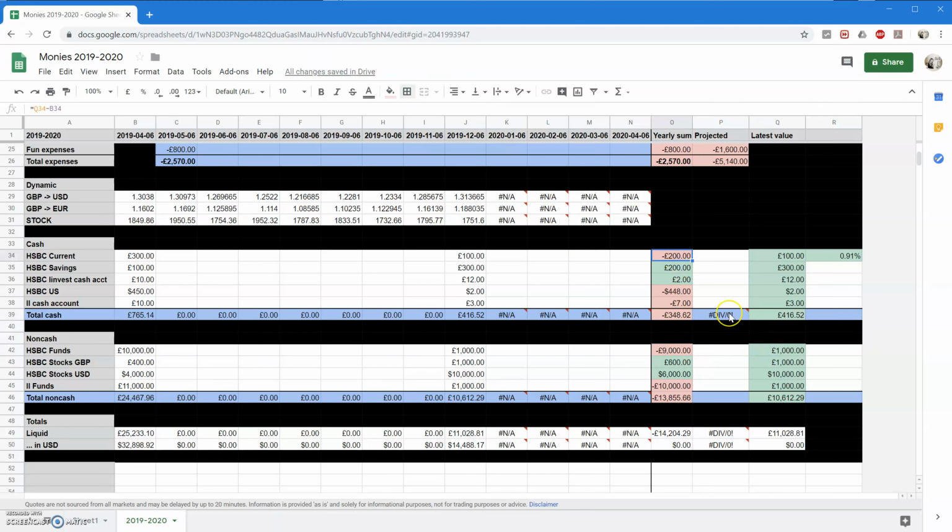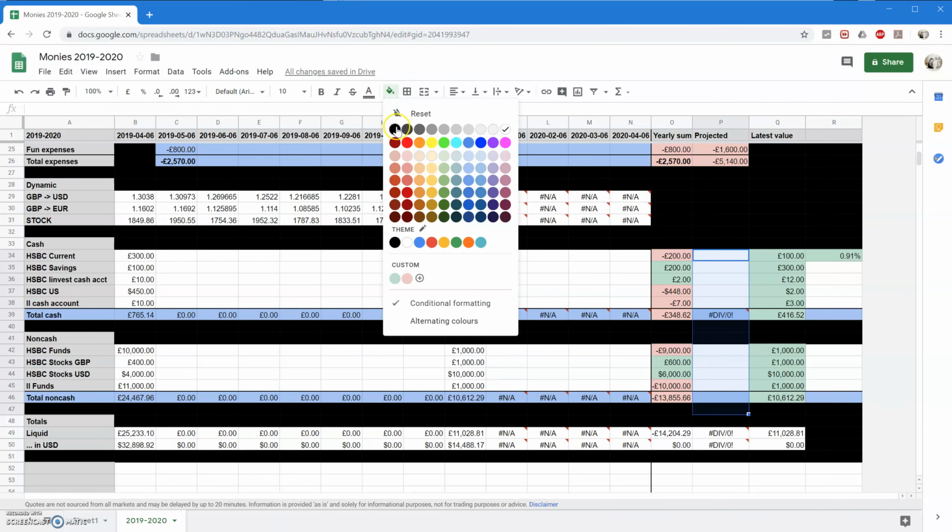So you can see my current account has gone down by 200, my savings account has gone up by 200, my investments are not going well, but these are obviously just examples. And projected, I can do a similar calculation, but I'll skip that for now. So let's block out the projections. There.